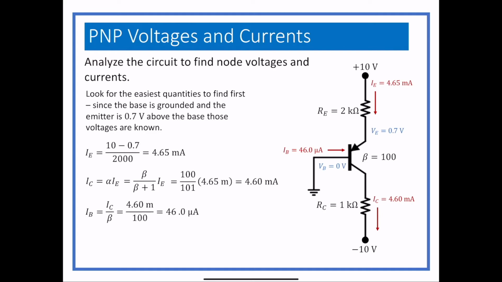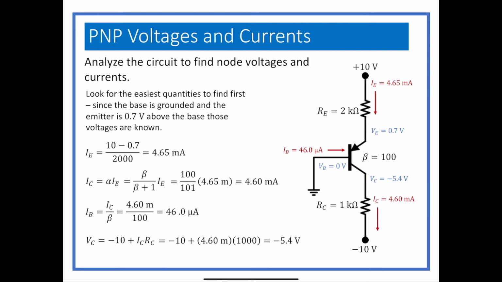And then I can find the last node value, VC, which is what I want, and that's going to equal -10 plus ICRC. So you're starting at the bottom and going up to get to that node. So we take -10 plus ICRC, plug them in, and we get -5.4 volts. Well, that's easy.